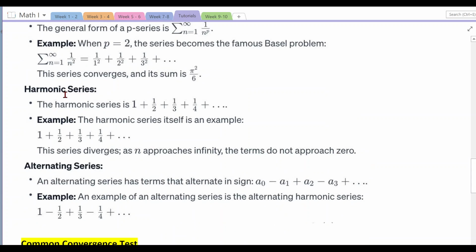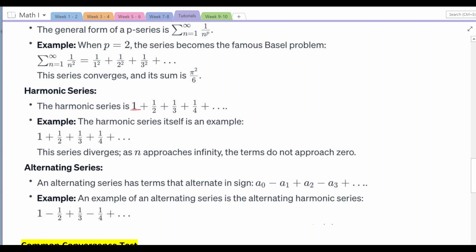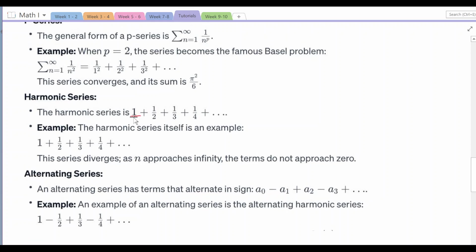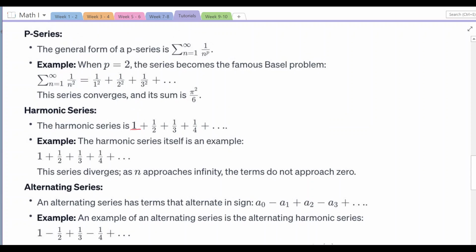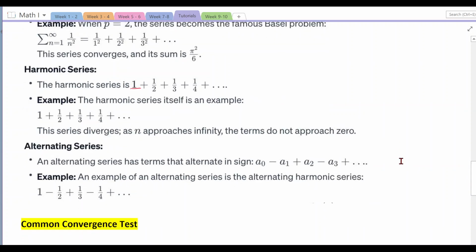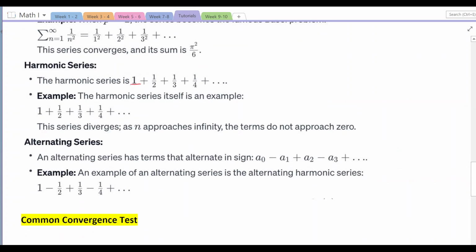Okay, next is the harmonic series. This is an example, as you can see: 1 over 1, then 1 over 2 plus 1 over 3 plus 1 over 4 and so on.